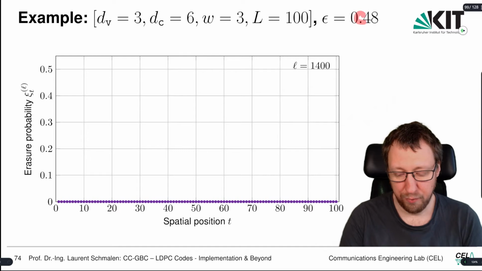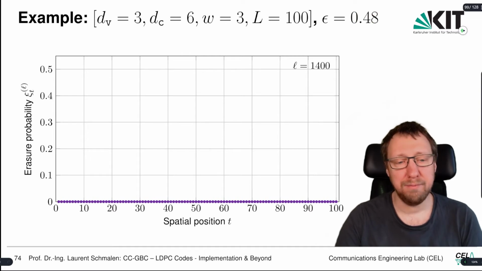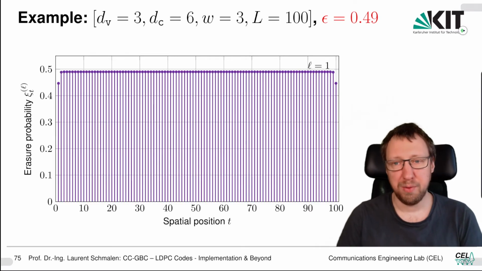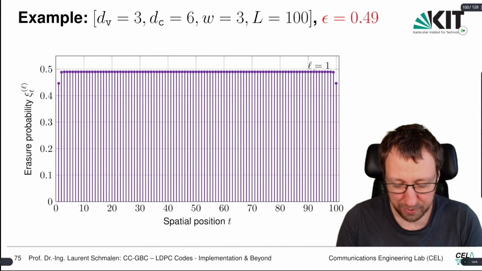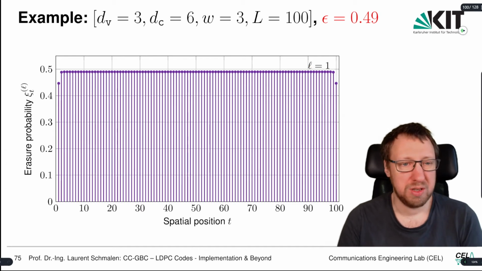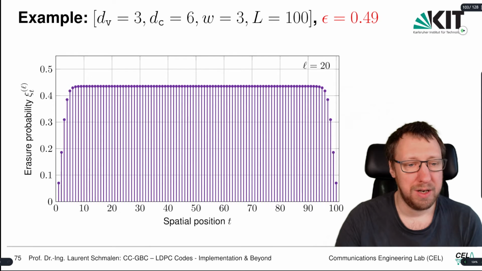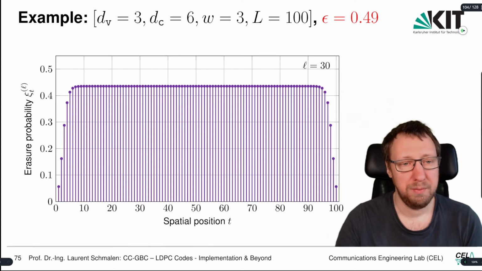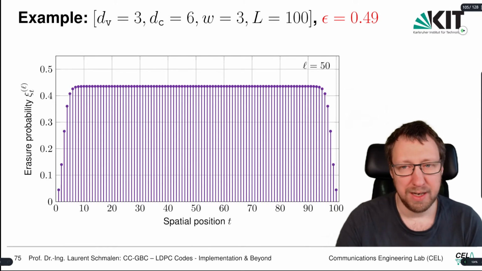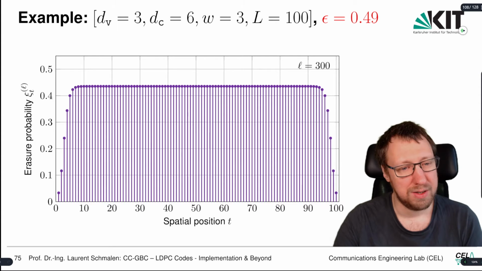So can we go further? Can we go 0.49? Let's take a look. 0.49. After one iteration, the situation looks rather similar. 2 iterations, 10 iterations, 20 iterations, progress. But now we see that progress gets slower, slower, slower after 300, 500 iterations.